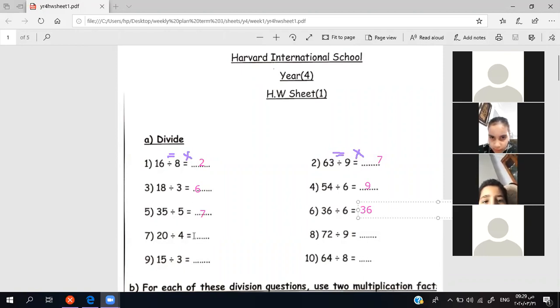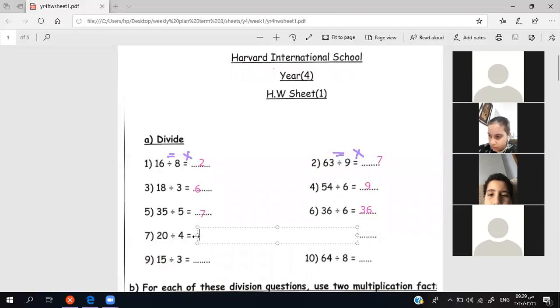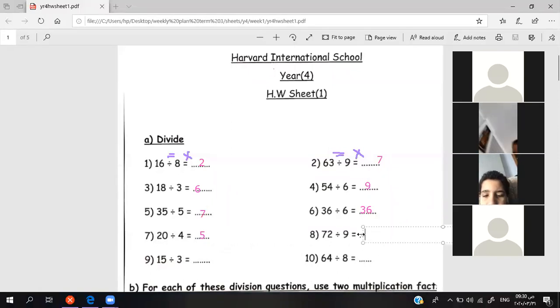Number 7. There's something wrong in the application itself. What times 4 gives me 20? I have a 5. And then number 8. What times 9 gives me 72? It's 8.